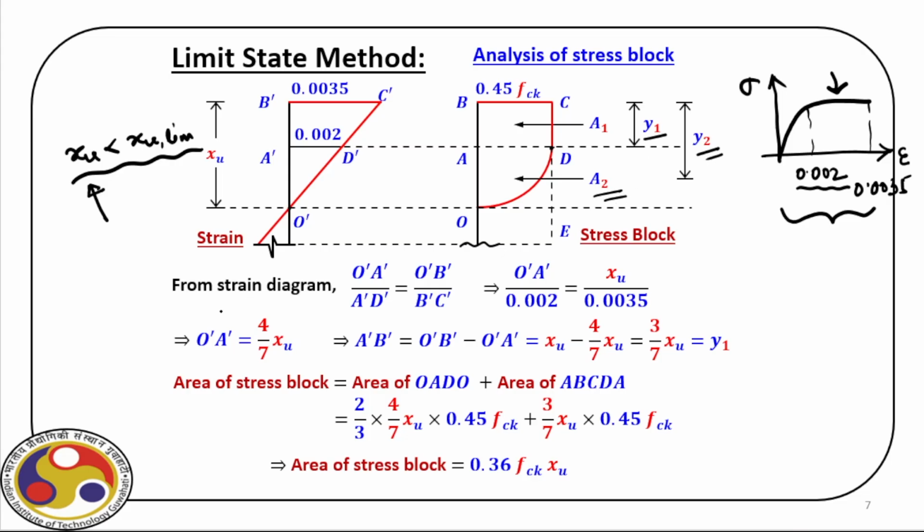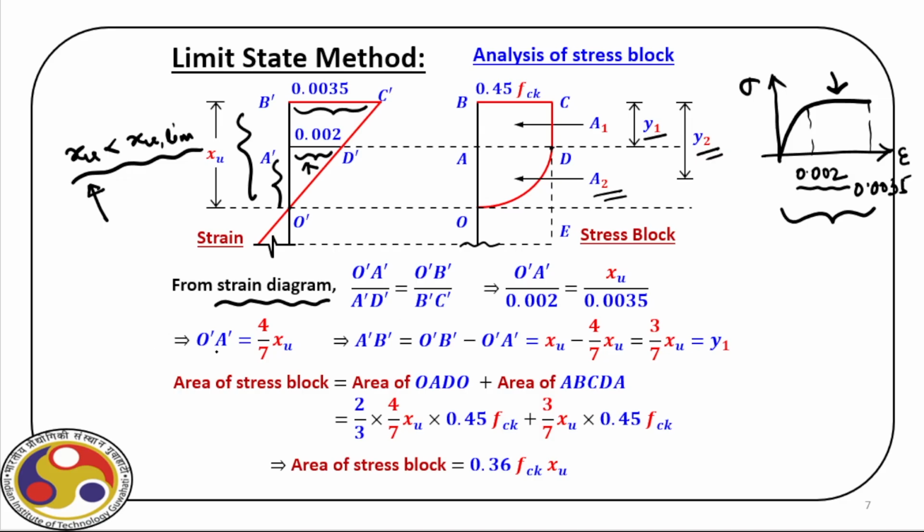Okay. Now from the strain diagram, again let us do a similar exercise. O prime A prime, which is here, divided by A prime D prime, which is here, is equal to O prime B prime, which is here, divided by B prime C prime. Right. Then we can figure out that O prime A prime divided by 0.002 is equal to XU by 0.0035.